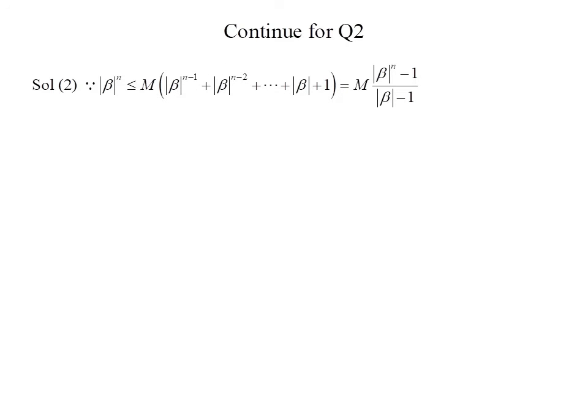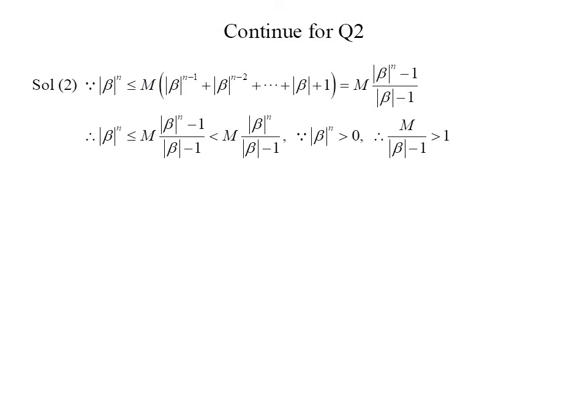Here we continue with question 2 of example 2. Since the sum of the modulus of beta to the power of n minus 1 and the modulus of beta to the power of n minus 2 and all the way up to 1 equals the result of the modulus of beta to the power of n minus 1 over the result of the modulus of beta minus 1.